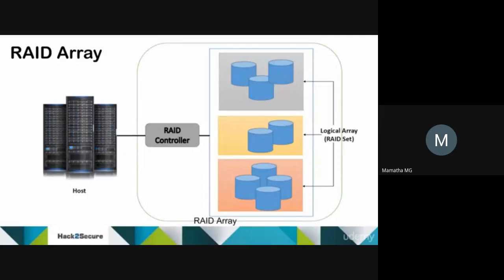As the RAID controller is an interface connecting host and disk, and physical disks are grouped in a logical manner in an array, it provides translation of I/O requests between logical disk and physical disks. And lastly, it helps in data regeneration if a disk fails, based on RAID configuration.